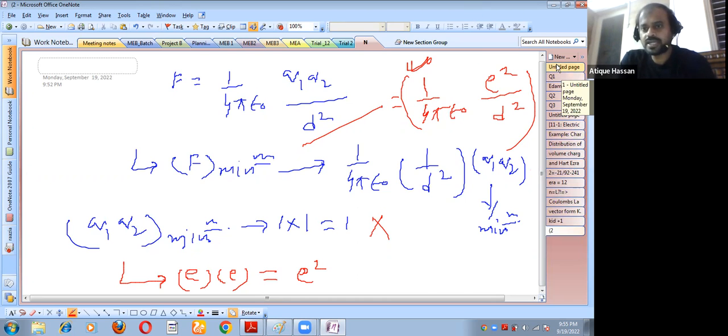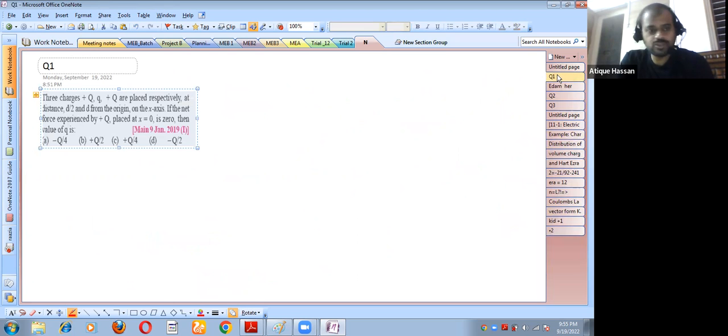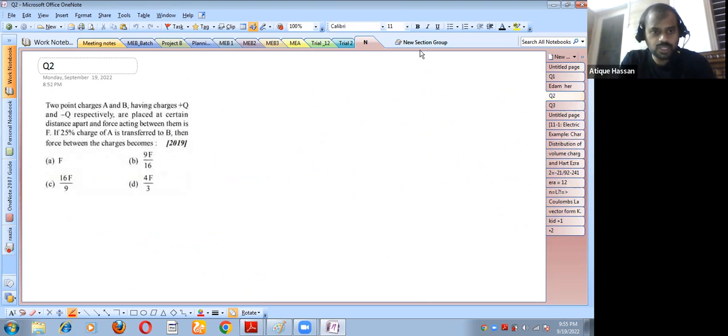Moving to the next basic question based on Coulomb's law. Let us do one more question. Do this question. This has been asked in NEET 2019. I think Afifa got disconnected.